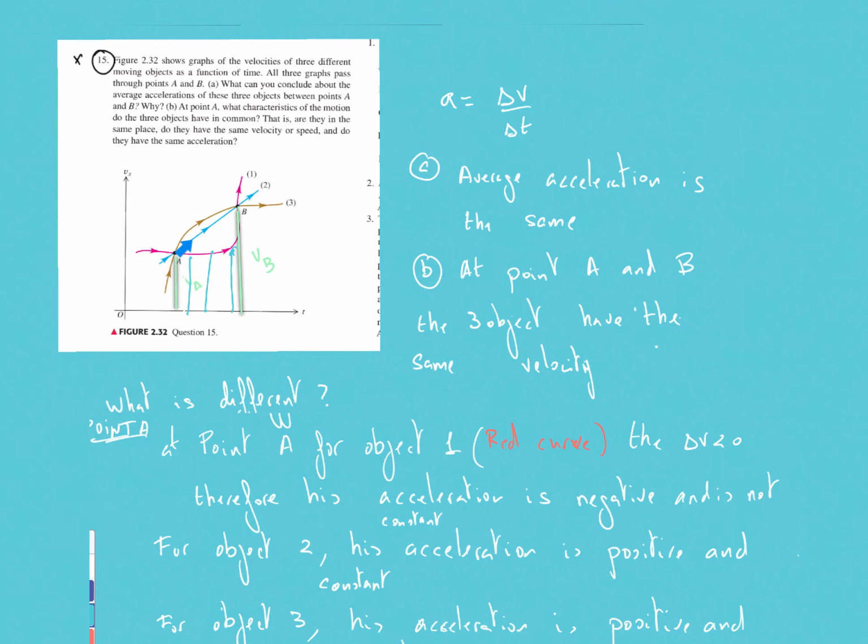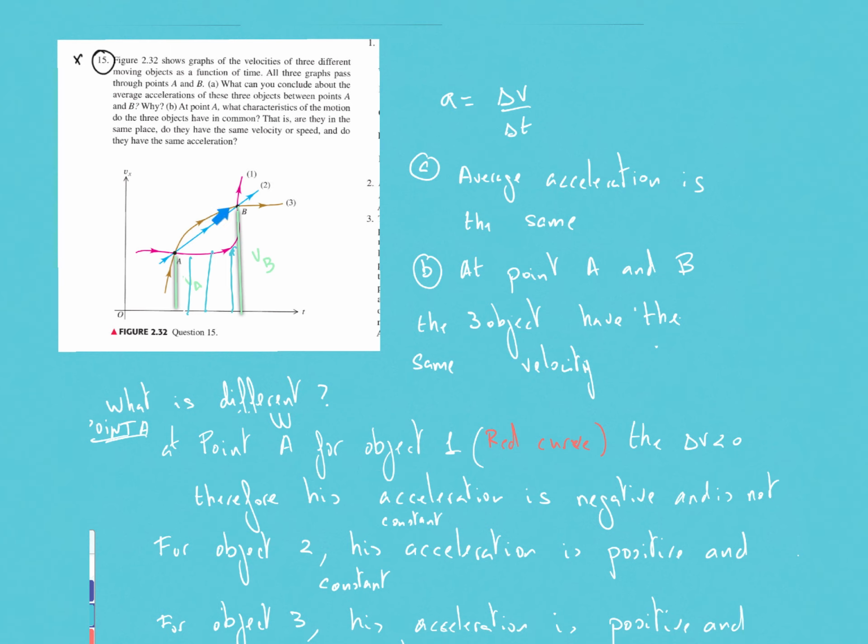It's getting bigger and bigger, but it's changing at a constant rate. So the acceleration is positive and constant. So object 2 has a positive and constant acceleration, while for object 1 the acceleration is not constant. At the beginning, the acceleration is 0 and suddenly the acceleration increases.